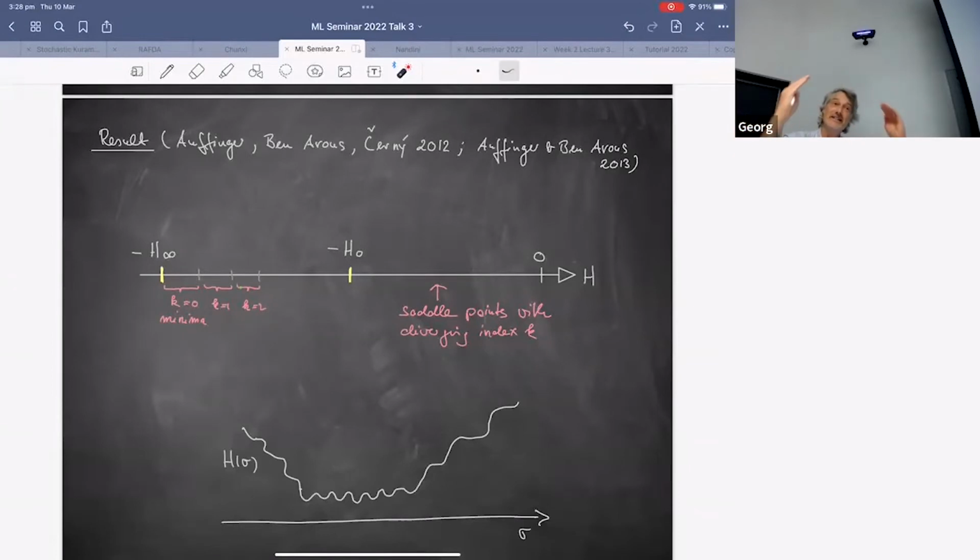So the index is the number of negative eigenvalues. Think about it: the more negative eigenvalues I have, the easier it will be for gradient descent to move down. And that index is increasing up to some minus H naught. And then up to here, you have saddle points where the index increases exponentially with the dimension.